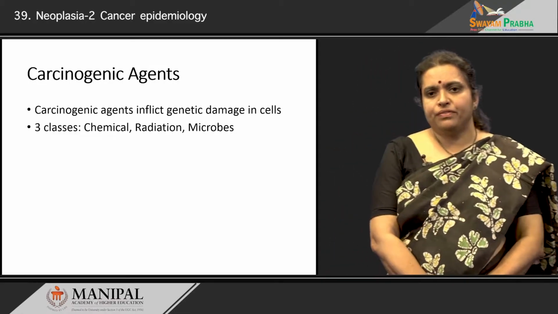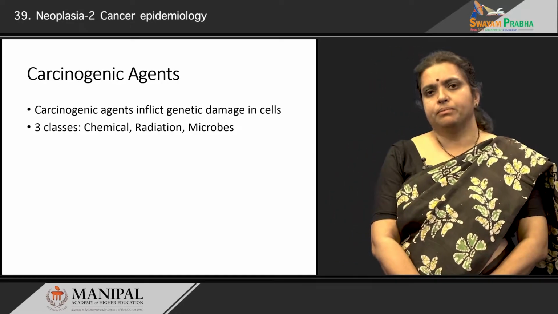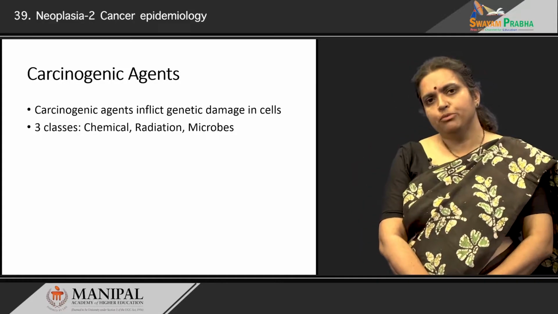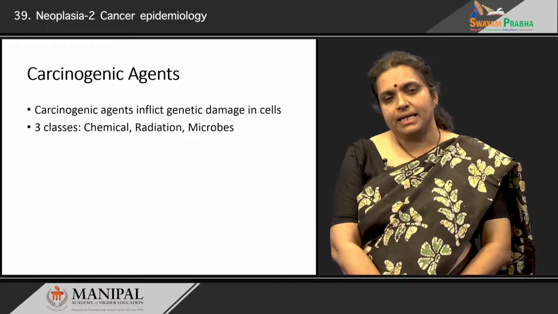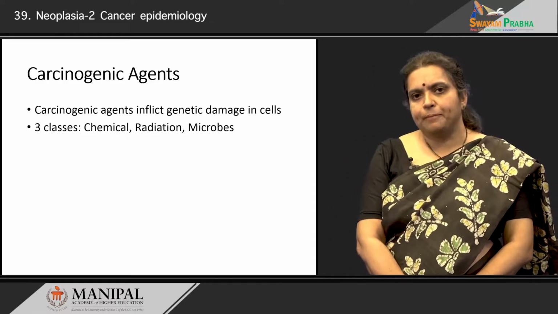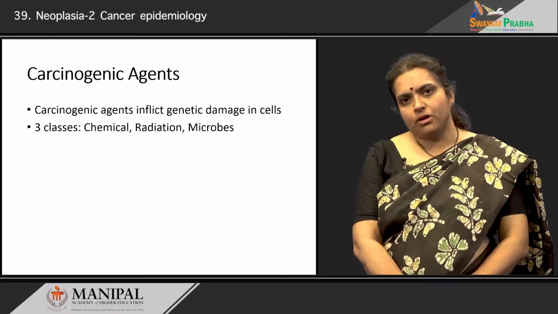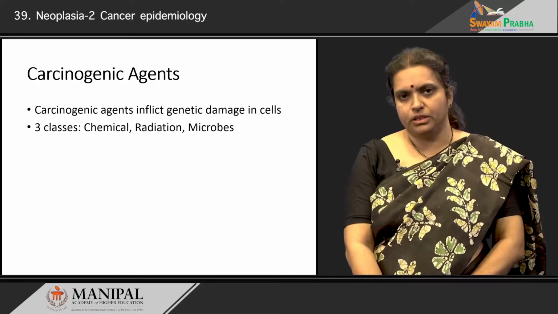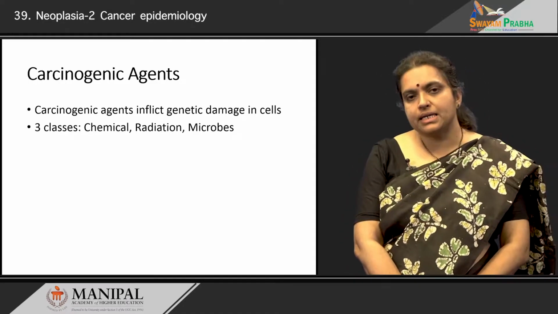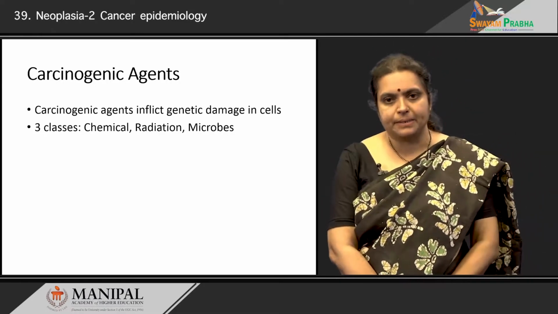With this brief overview about the genetics behind cancer and the epidemiology of cancer, we will then move on to some of the cancer causing agents or carcinogenic agents. This is an important topic because we now know that in the environment or in the course of one's life, one may be exposed to carcinogenic agents, and this may predispose the individual to develop certain cancers.